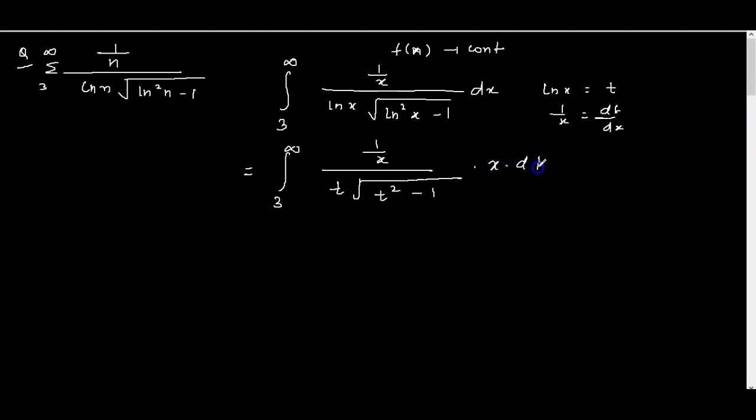This x and this x cancel, right? So the remaining is 3 to infinity, 1 divided by t square root of t square minus 1 dt.